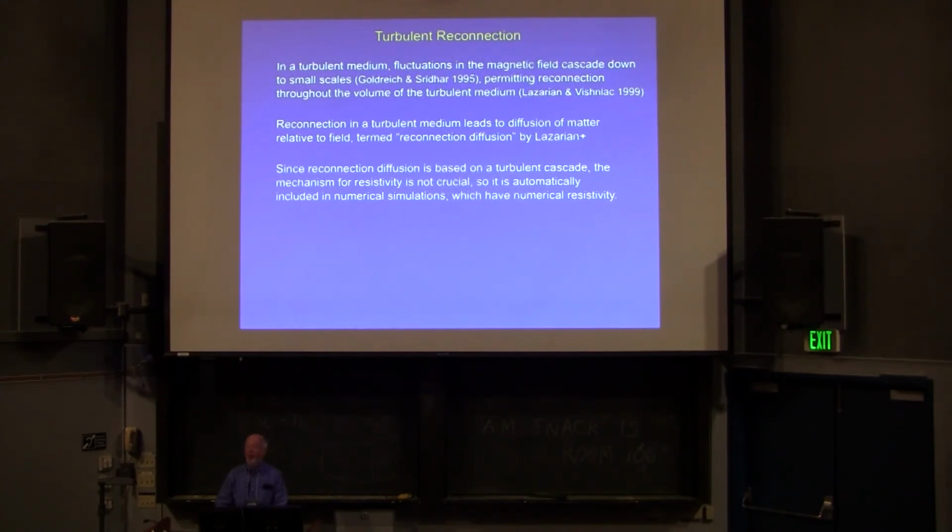So I said all we have is numerical resistivity, which is completely artificial, but that doesn't matter. As we improve our resolution, our numerical resistivity will get smaller. Well, that just means that the turbulence will cascade down to a smaller scale, and you'll still get the same reconnection.